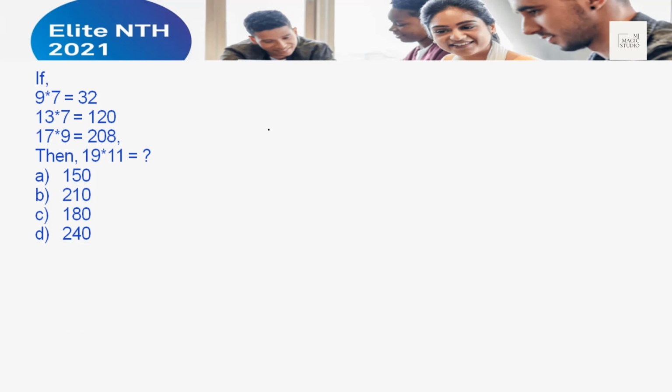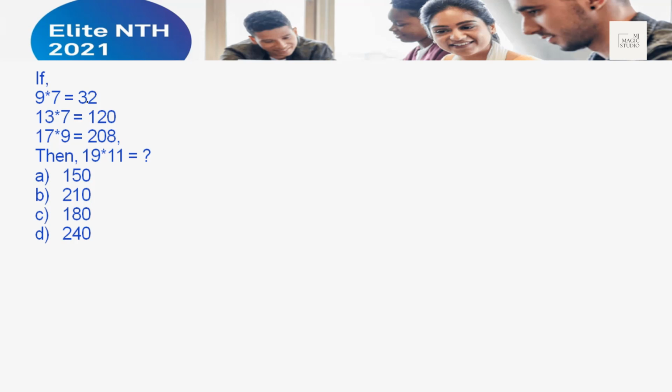If 9 star 7 is 32, 13 star 7 is 120, 17 star 9 is 208, how much is 19 star 11? Obviously the star indicates some type of operator. We need to identify what kind of operator it is. 9 into 7 is 63, no relation with 32. 9 plus 7 is 16.